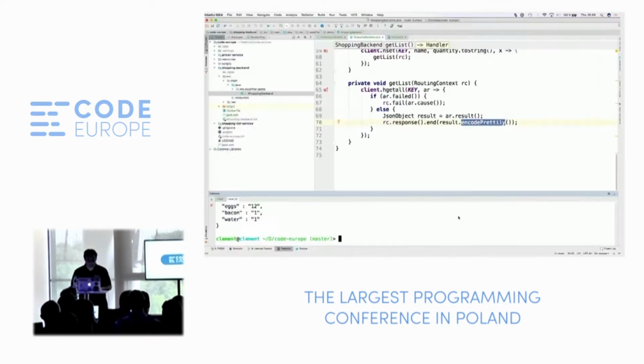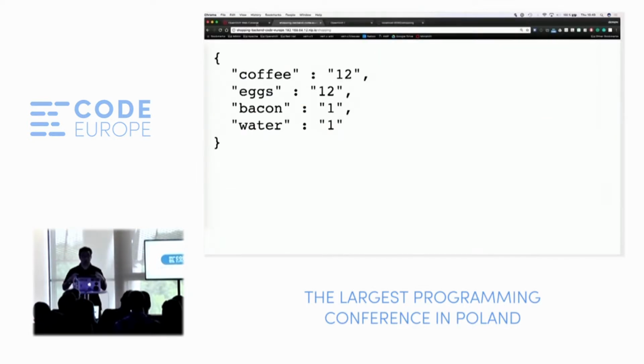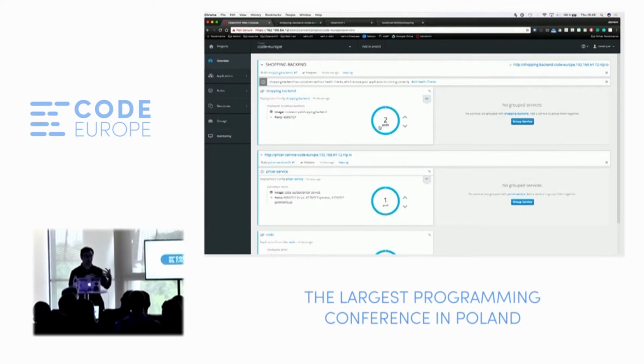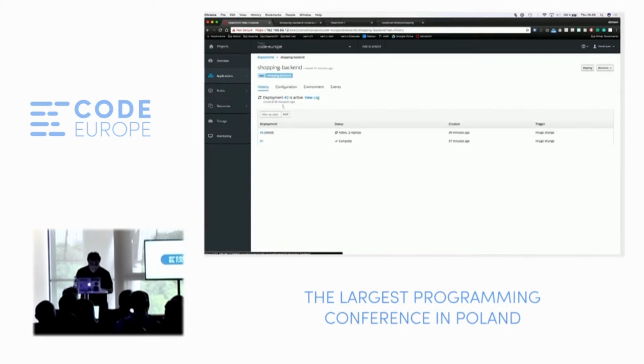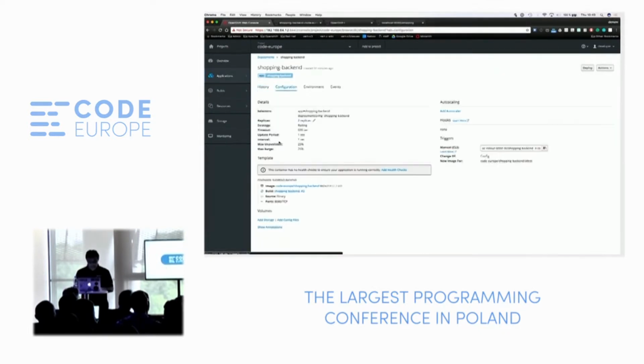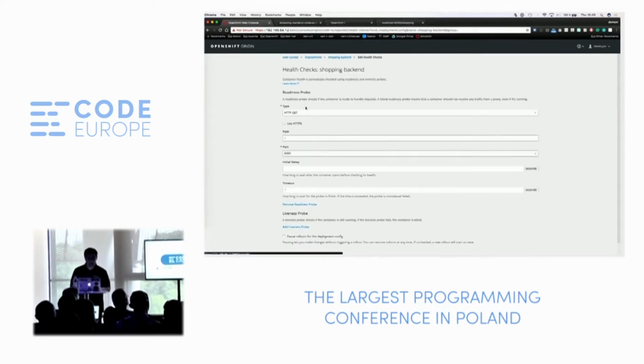But again, as I said, I want a rolling update that works, that there is no downtime, that OpenShift won't route requests to my new application before it's ready. To do that, I'm going to create health checks here. There are two types of health checks: readiness and liveness.